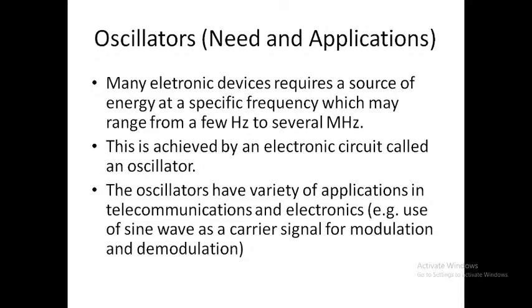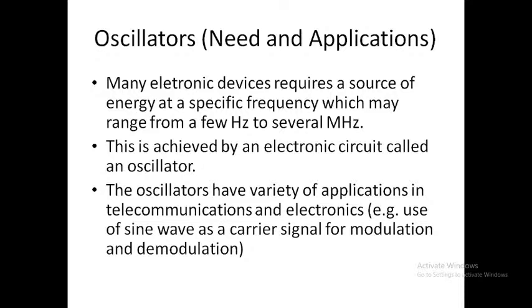When performing practicals of an amplifier, you will need an AC source or AC signal for the amplification. From where do you get this AC signal? Either you get it from your electrical supply, your main supply in your home, but it has a fixed frequency.